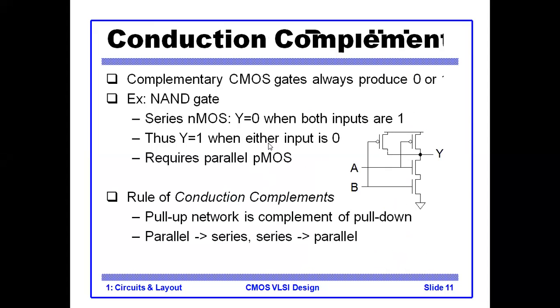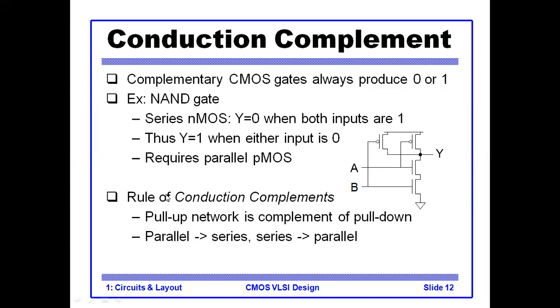Okay. The next slide is the conduction complement. Complementary CMOS gates always produce 0 or 1. The example is the NAND gate: for the NAND gate, the series NMOS gives Y equal to 0. The output is low when both inputs are 1, and thus Y is high when either input is 0, which requires parallel PMOS.